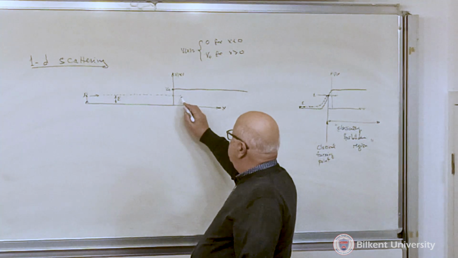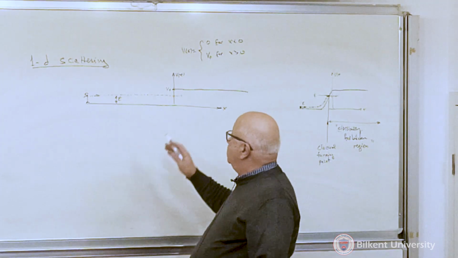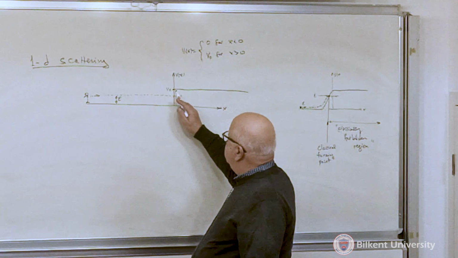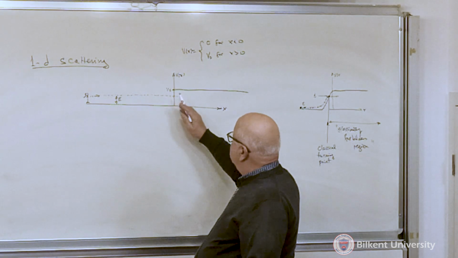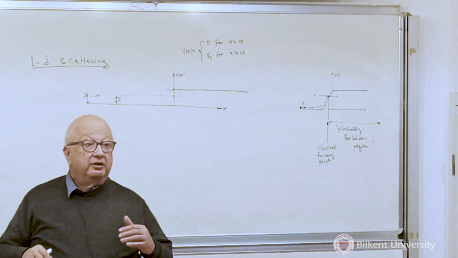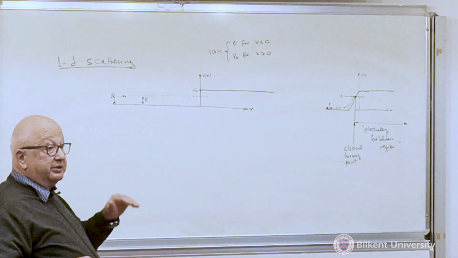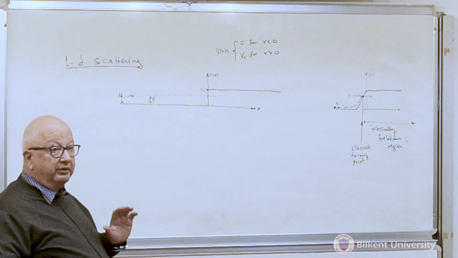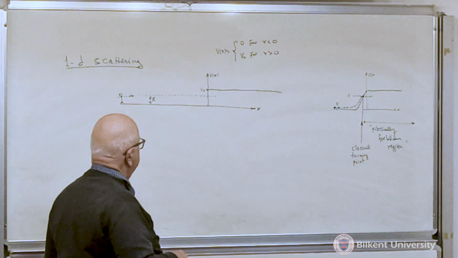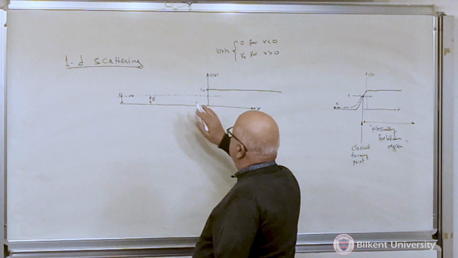For this problem, obviously the particle cannot go very far away, but if this right-hand side is converted into something like a barrier, then the particle can actually go through that barrier, although it doesn't have sufficient energy. So that will be the next problem that we are going to solve. In any case, this is what we have.